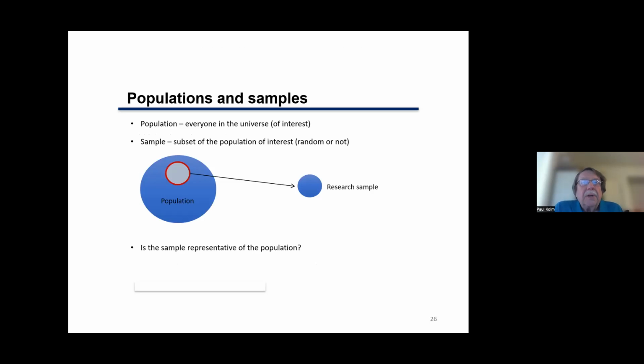The key idea here is that when we do research, we draw a sample from a population of interest. The sample could be random, or maybe it's not random, but the question is: is the sample representative of the population, or is there variability in the research sample that isn't true of the population?